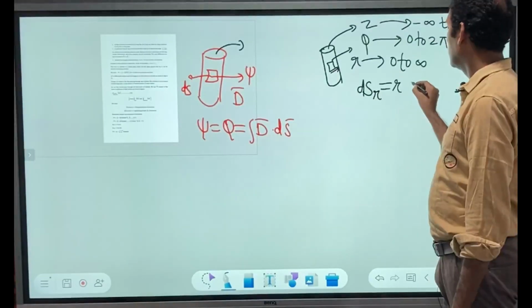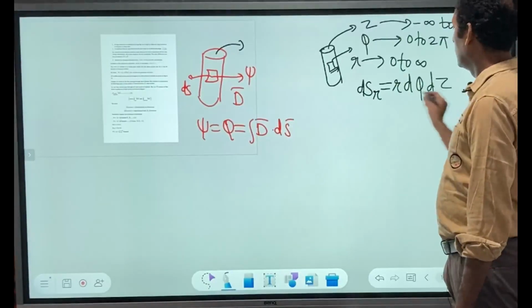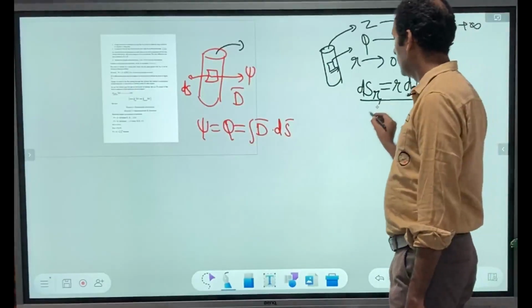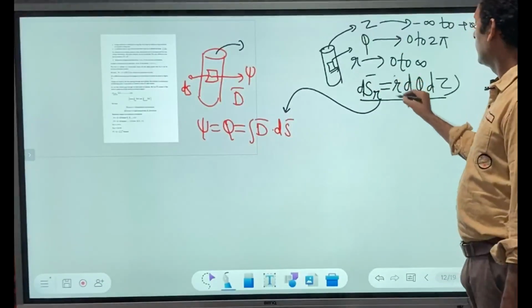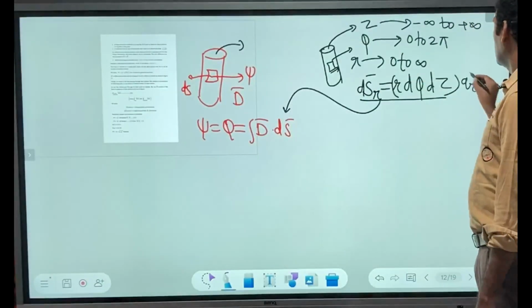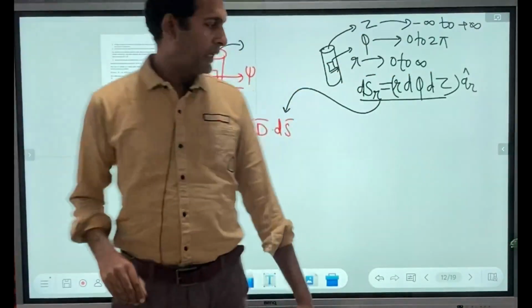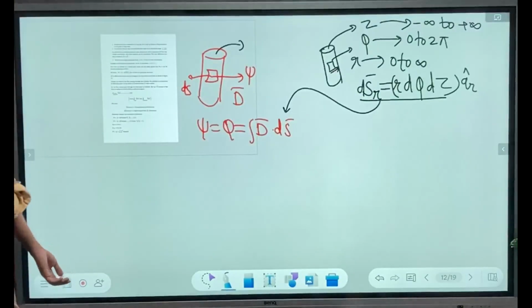So this value is given by r d phi dz. So in place of dS bar, we can keep this value with direction going in the radius direction.